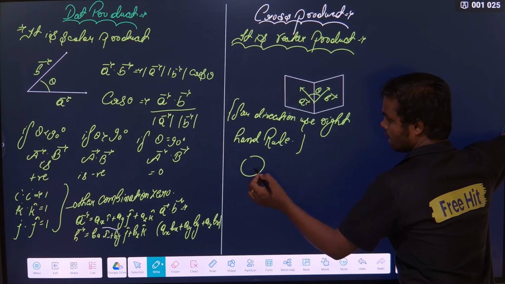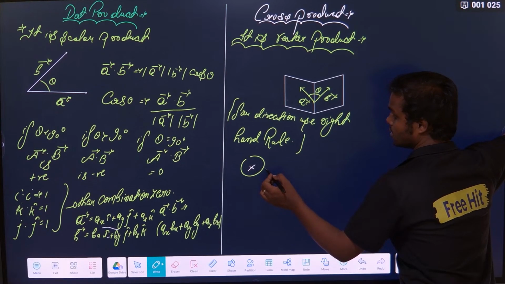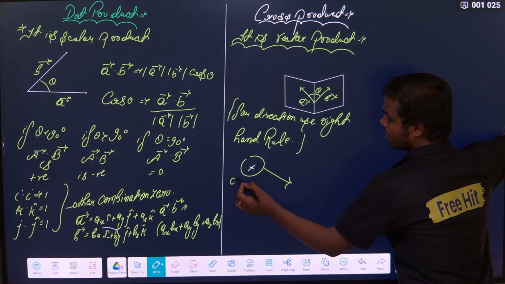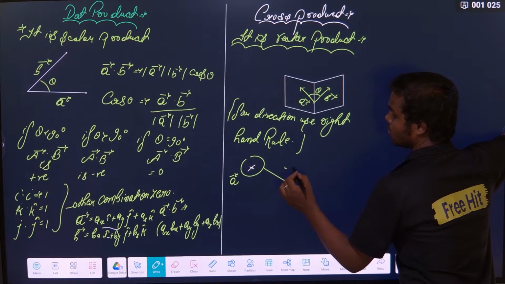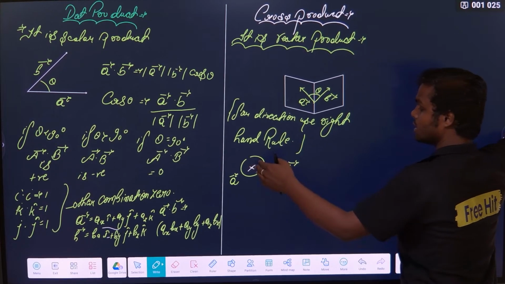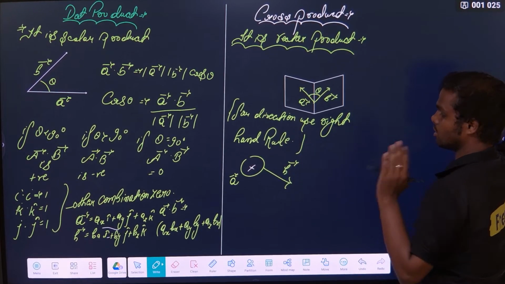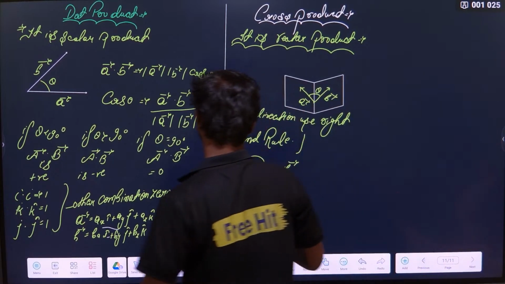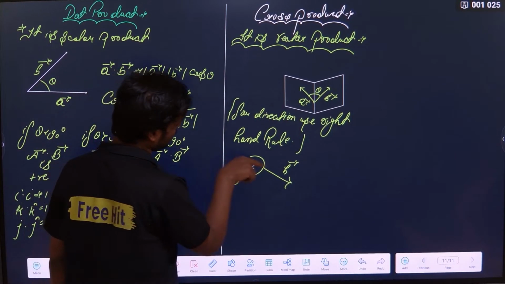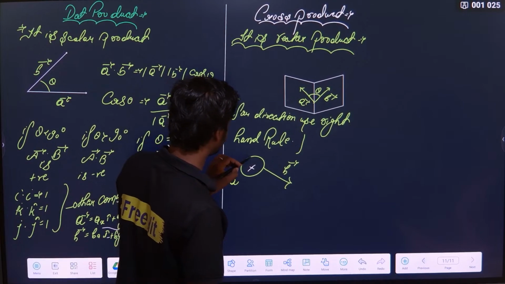Suppose we have a vector like this. Dot means outside and cross means inside. So we have one vector A that is inside and the B vector is like this. Now what is the direction of A cross B?